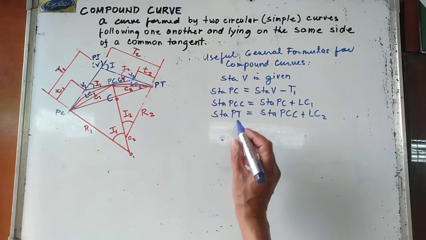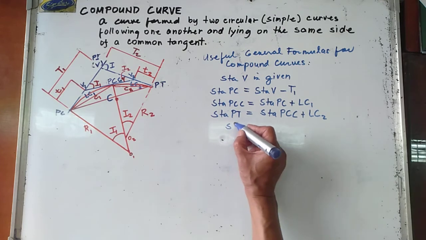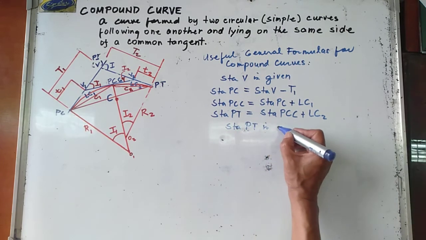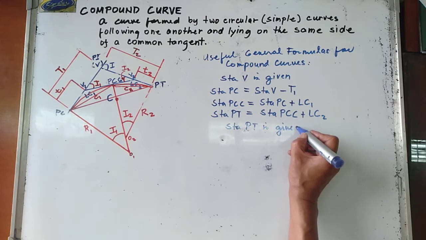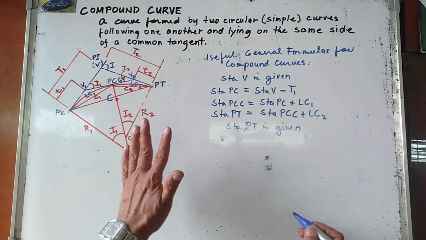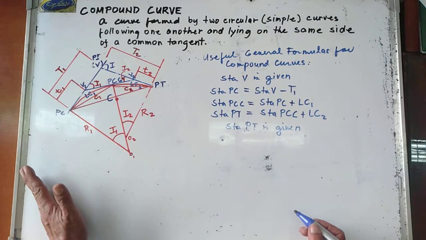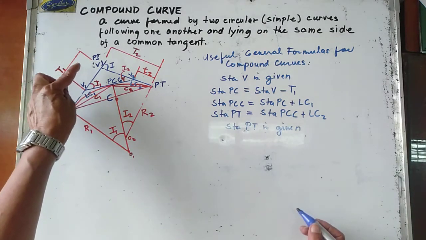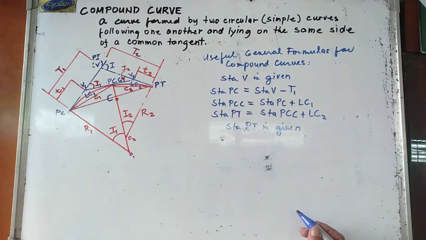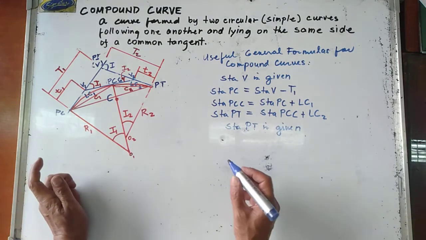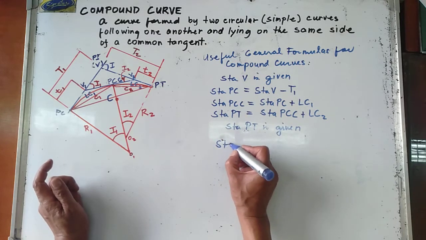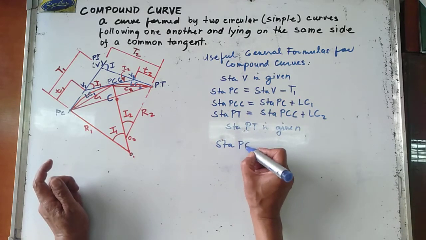Now, supposing station PT is given. So how are we going to determine station PC and station PI? First, let us determine your station PC.